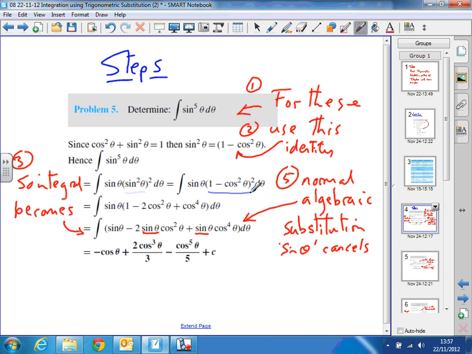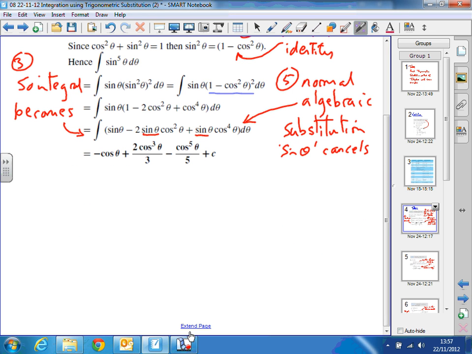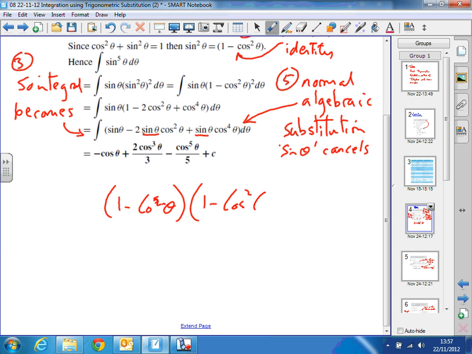If I now multiply out 1 minus cos squared theta times 1 minus cos squared theta, I'm going to multiply out those brackets. 1 times 1 gives me 1, minus cos squared theta, minus another cos squared theta gives me minus 2 cos squared theta. And then minus cos squared theta times minus cos squared theta is plus cos to the 4 theta, which is what we have here.